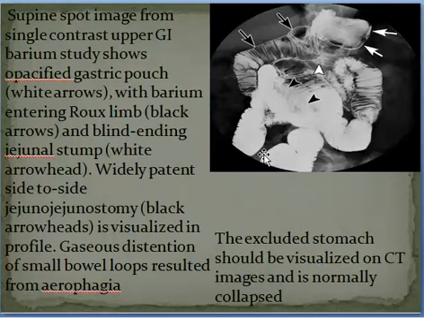So we have a supine spot image from the single contrast upper GI study. It shows the opacified gastric pouch here with the barium entering the Roux limb, that is the part from the stomach, and the blind end jejunum, white arrows, small part, blind end.